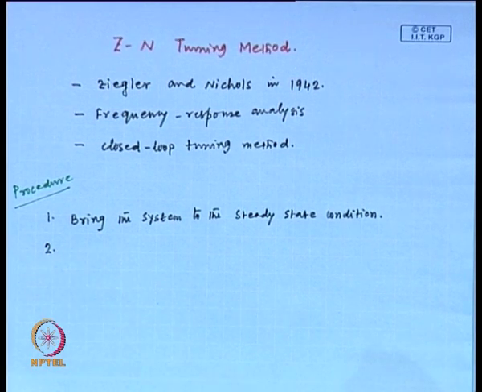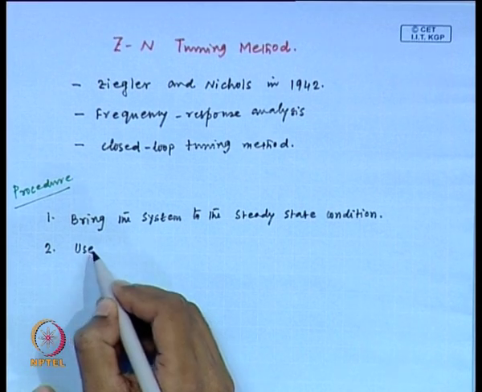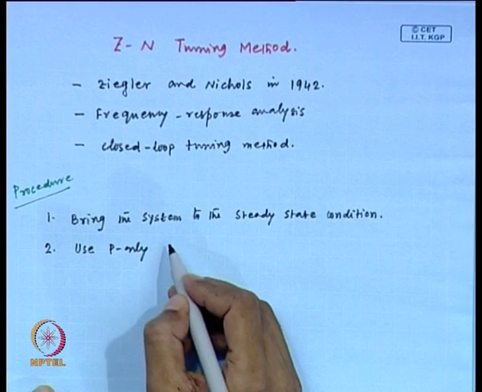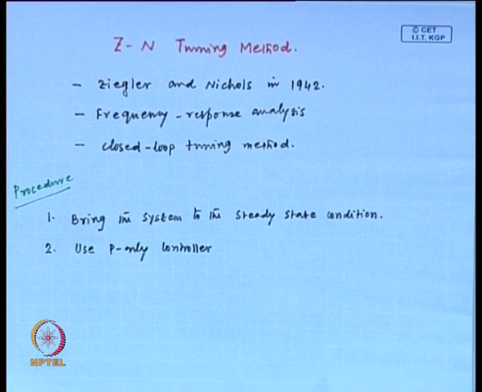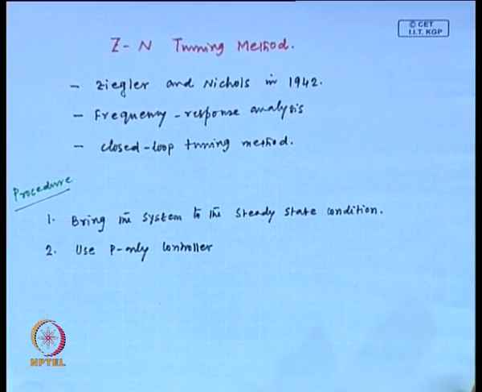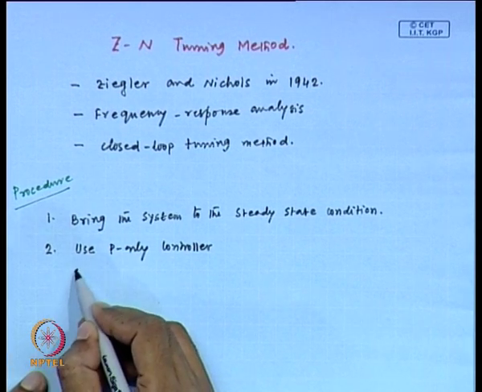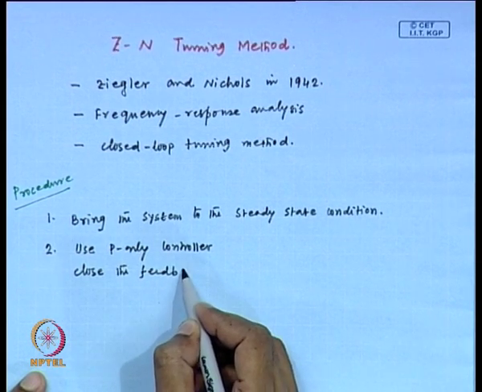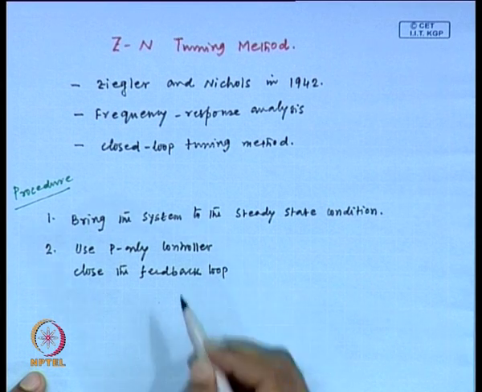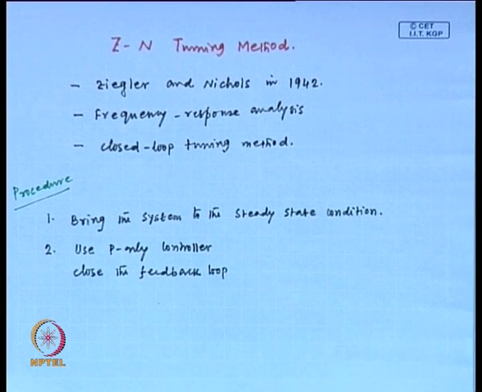Secondly, use the P only controller. You cannot use PI or PID. So, first you use the P only controller. At the same time, you close the feedback loop. Apply the P only controller and close the feedback loop.